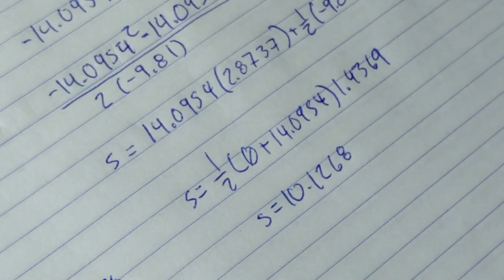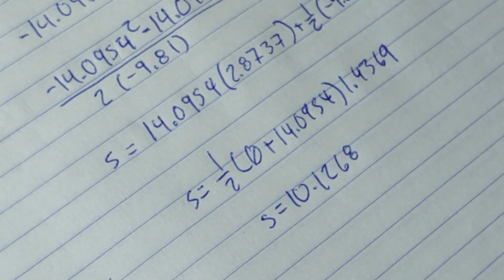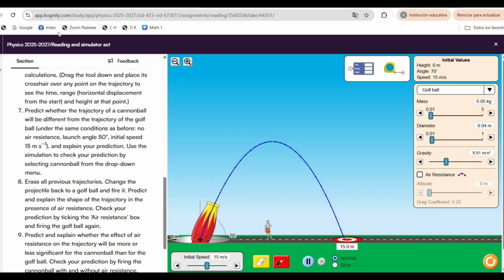We have to confirm that with this tool Kognity gives us. And now we see that our values are correct, so we move to the next part. Yes, we're not done yet, but our mission is close to being successfully completed.